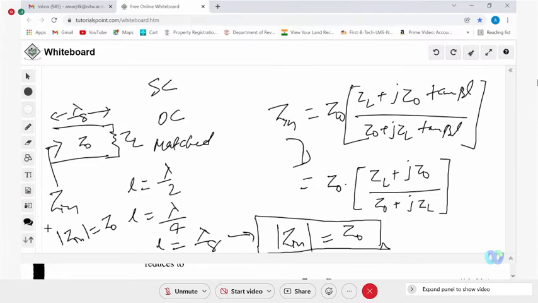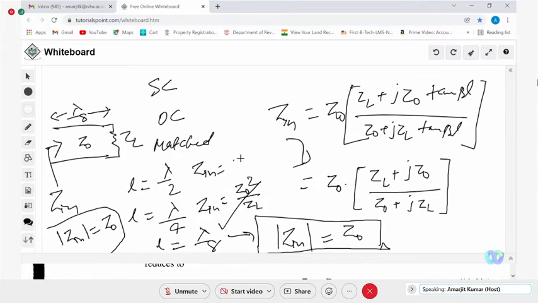Okay, interesting or not? So 1/8 transmission line, and what was the case for lambda by 4? Zin is equal to Z0 square by ZL. And for lambda by 2, Zin is equal to ZL. For this case, the magnitude of Zin is equal to Z0.